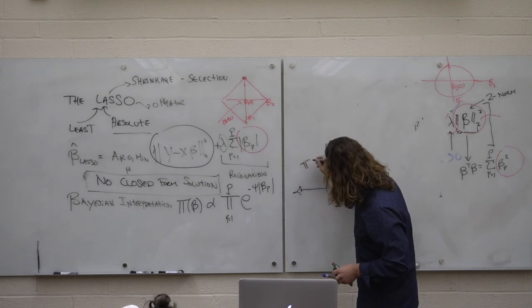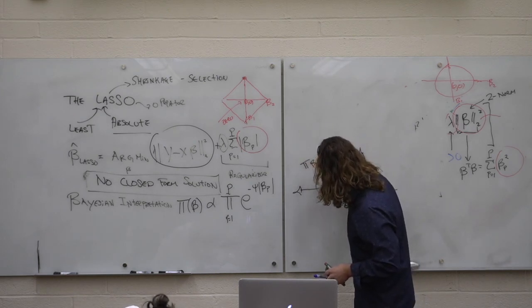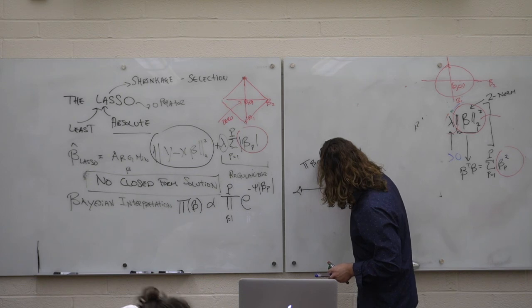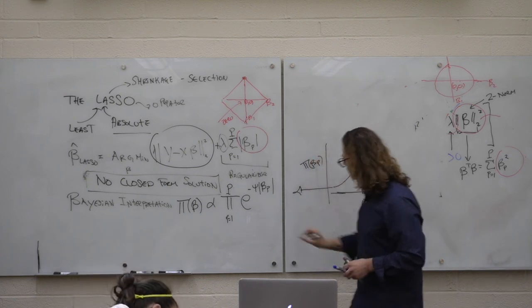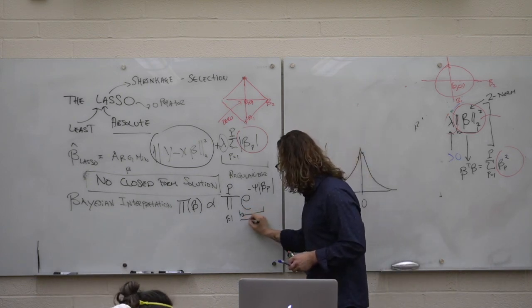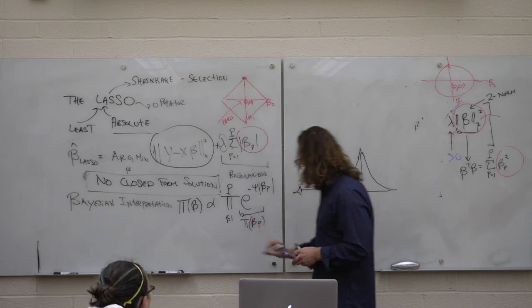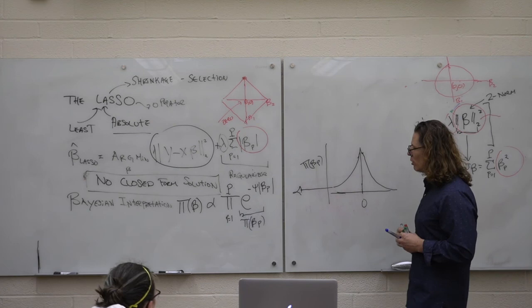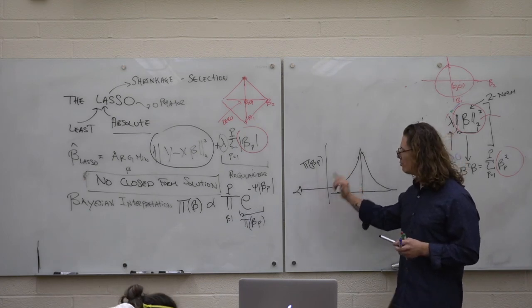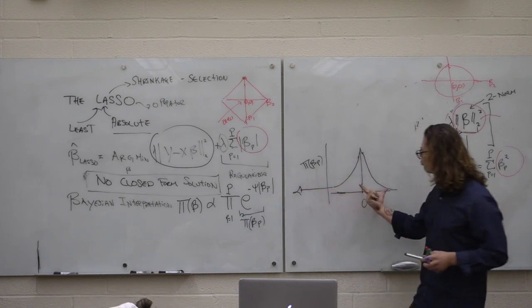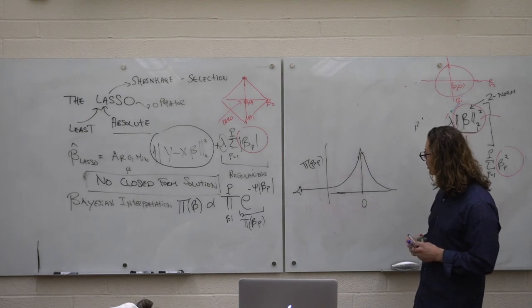So this is going to be pi of beta p, or these are the pi of beta p's right here. So individually, each one of those betas contributes a function like this, and there's a little sharp corner.